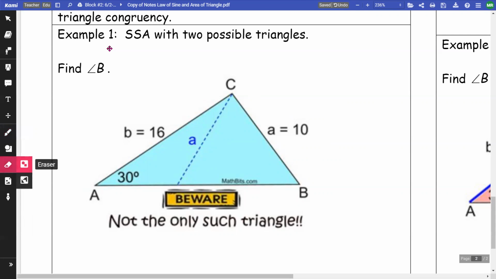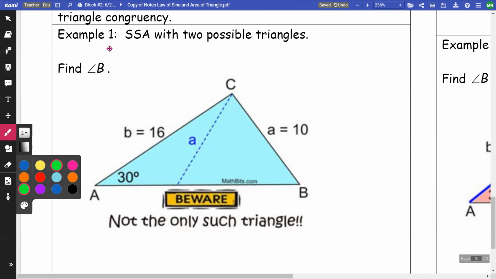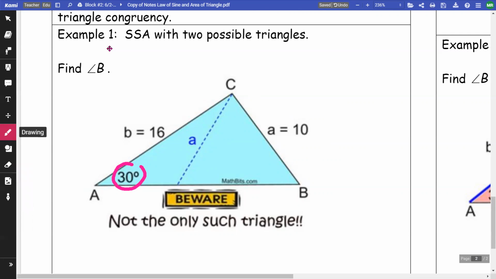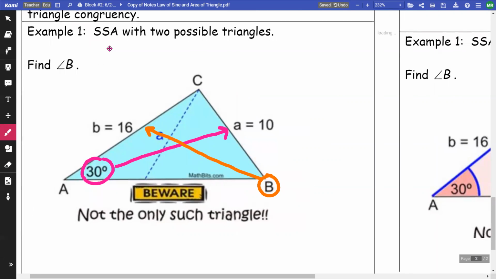Okay, it's the same A, that is 10. So what I know is I know this 30 degrees and I know this side of 10. Okay, I need to find B. I want to find this angle, don't know it, but I know the side opposite. So what we're going to do is the following. I'm going to set up a ratio.